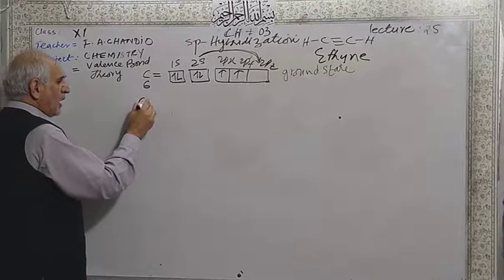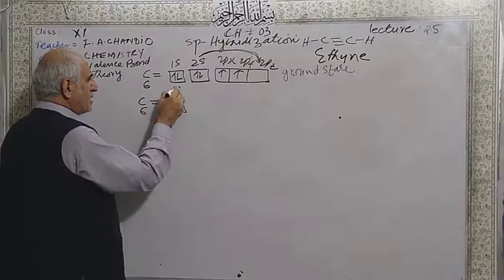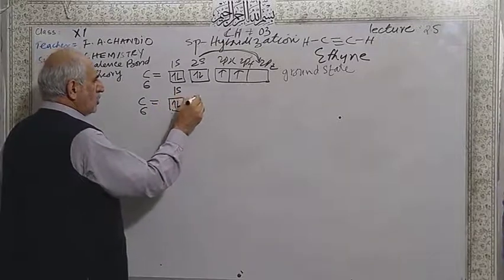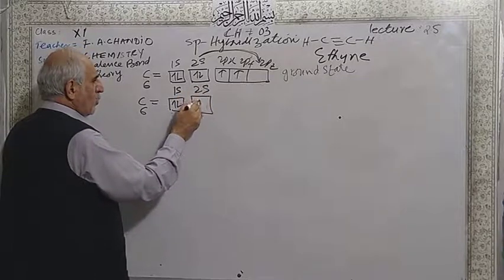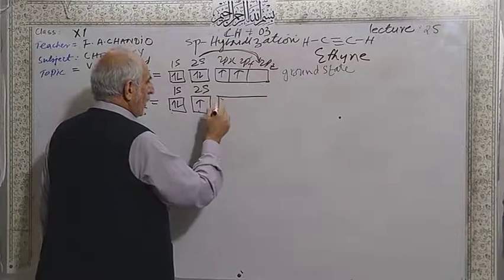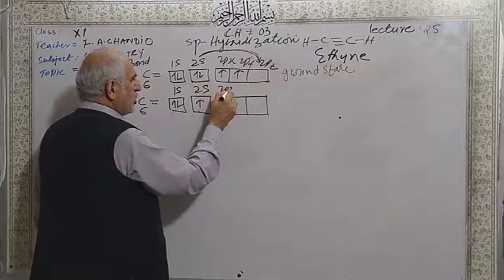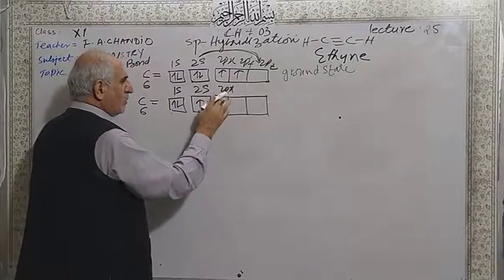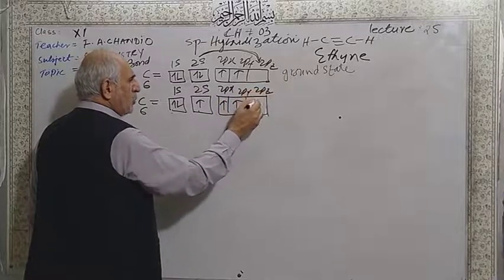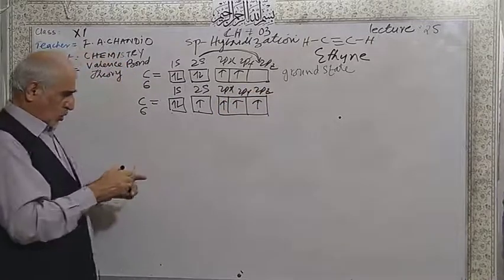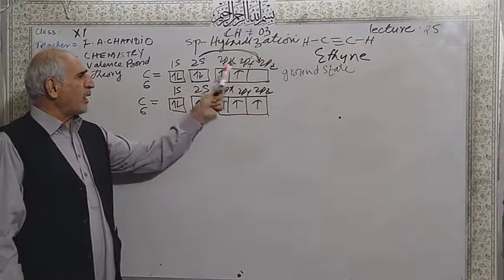So the electronic configuration of carbon now will be 1s2, 2s1, and in each degenerate orbital 2px1, 2py1 and 2pz1. So students, we promote, we shift one electron from 2s to 2pz.